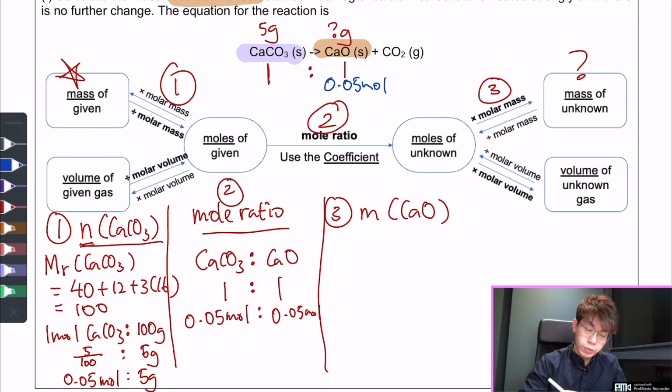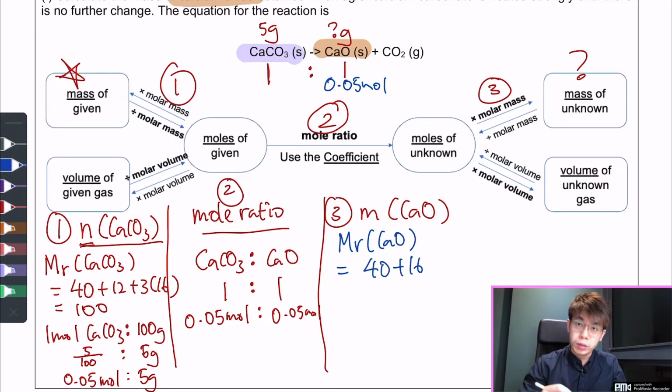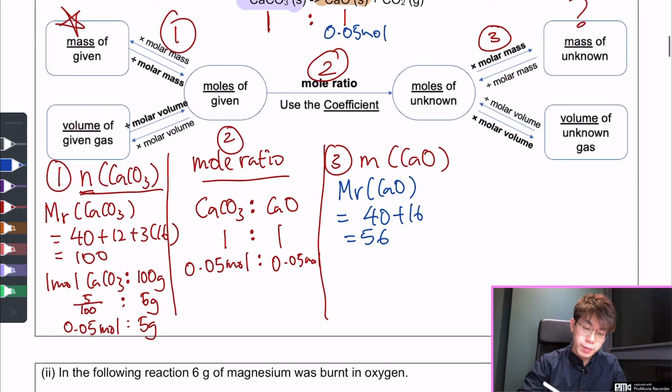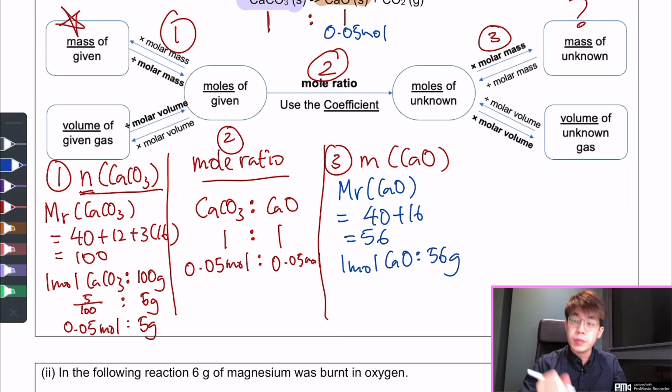Again, I need to calculate the Mr of calcium oxide. Calcium oxide is equal to 40 plus 16. You should know how to calculate the Mr. So that's 56. What does 56 mean? 56 means that 1 mole of calcium oxide is equivalent to 56 grams.